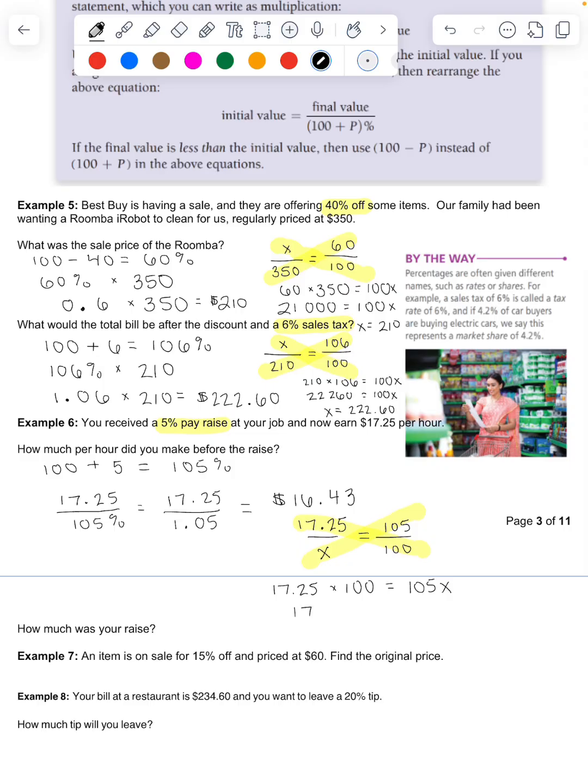Move the decimal 2 places. I get 1,725. Divide by 105. And I hopefully get the same thing I got before. I do. I get that x is 16.43.